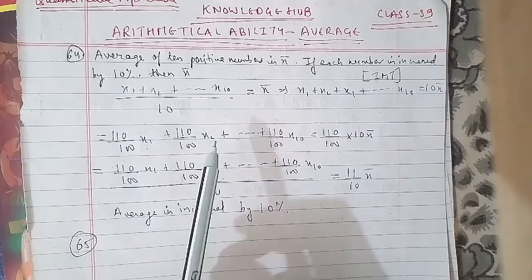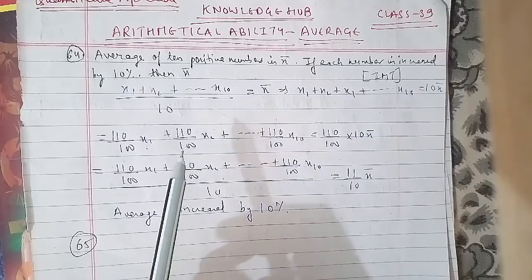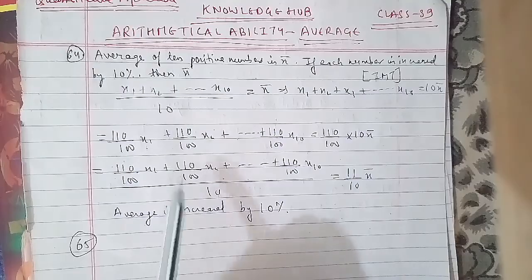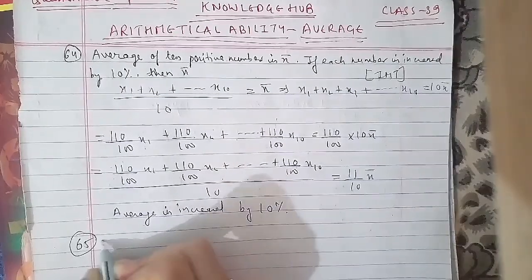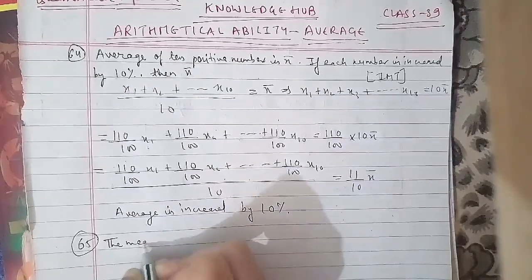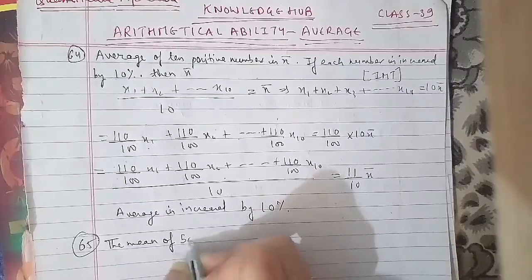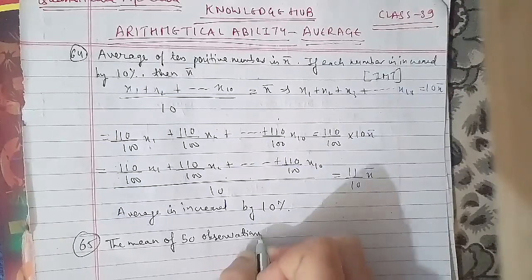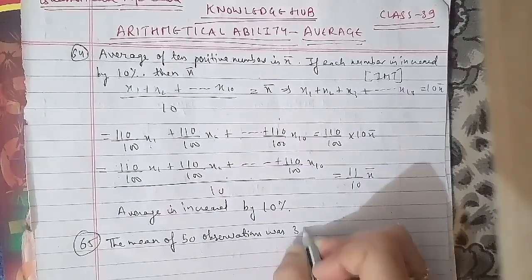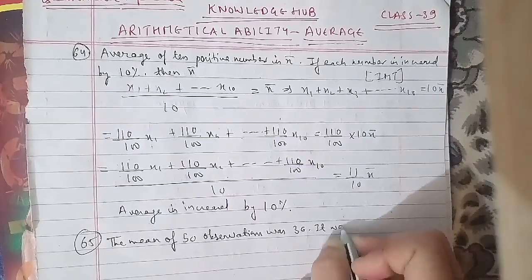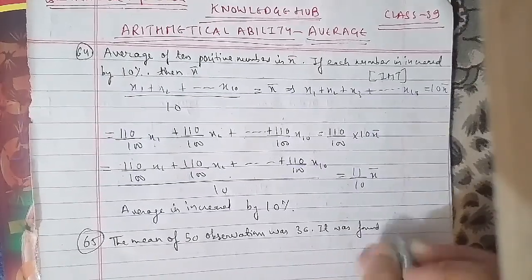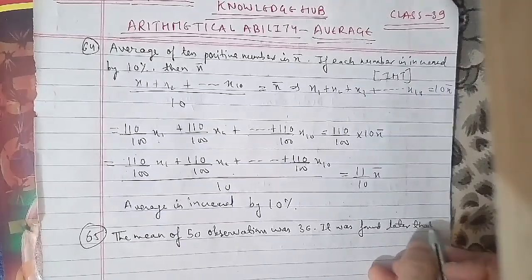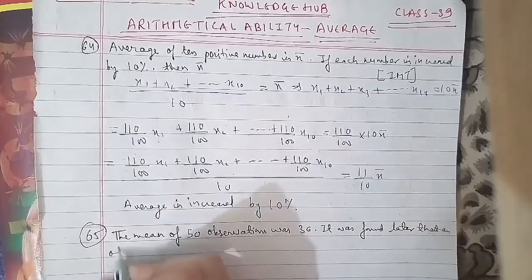The mean of 50 observations was 36. It was found later that an observation 48 was wrongly taken as 23.